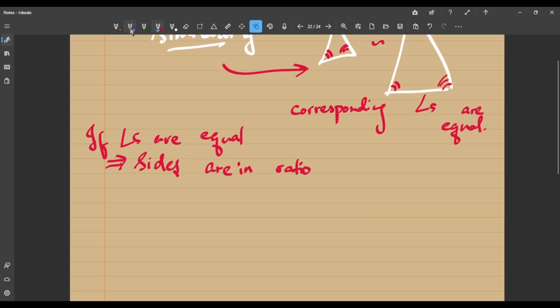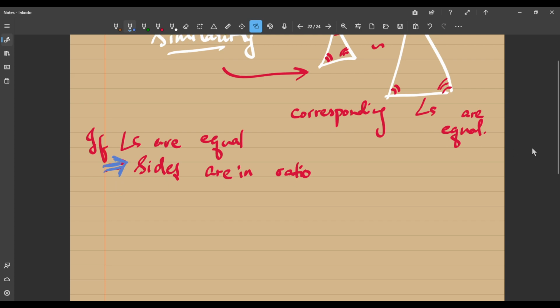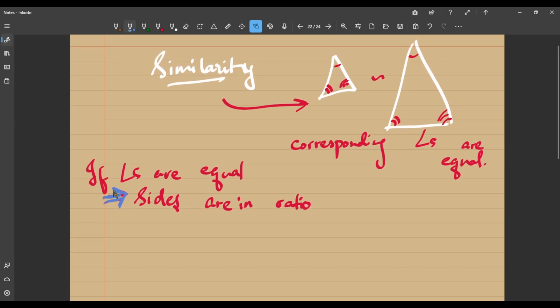And we had proved this implication. So this implication was not obvious before, and it's not to be taken for granted. We had done quite a lot of hard work in proving this statement: if angles are equal, then sides are in ratio.